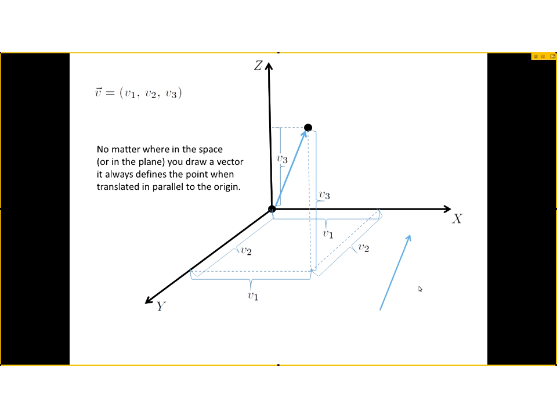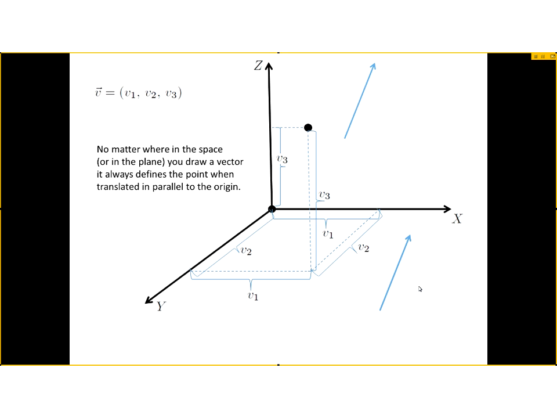Either here it can move, and it is the same vector as previous, or I can move it over here. This is the same vector, or we can go over here. It is the same thing, no matter.